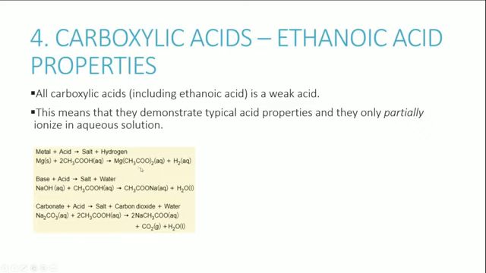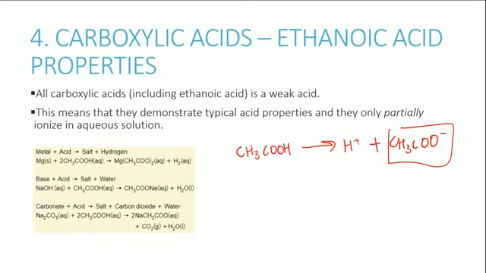And so if you're confused about how the ethanoic acid ionizes, basically you have the ethanoic acid being like this, and you get the ionization of one hydrogen, which is of course the property of acids. It makes hydrogen ions, along with this structure here.